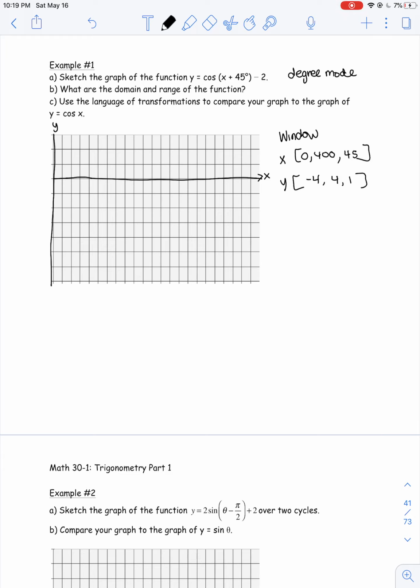I'm going to make sure I sketch the values as I go -1, -2, -3, and -4. And for x, every 2, I'm going to put 45 degrees just to space it out a little bit. So I'm going to keep adding 45 degrees.